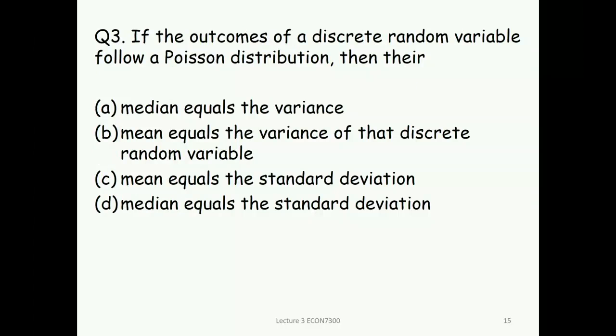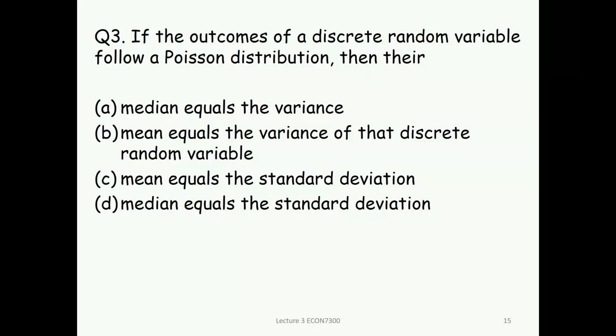If the outcome of a discrete random variable follows a Poisson distribution, then in a Poisson I said something, because these things maybe you need to go back to your lecture notes and try to understand. I think I emphasized it when I talked about Poisson last time. The mean equals the variance.